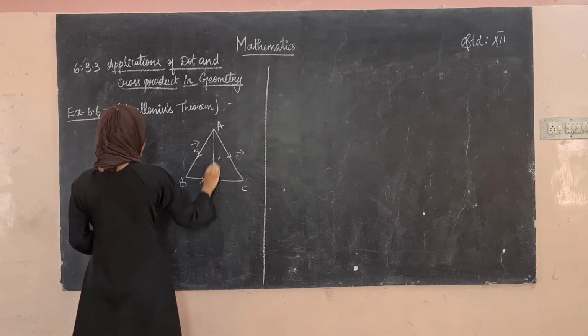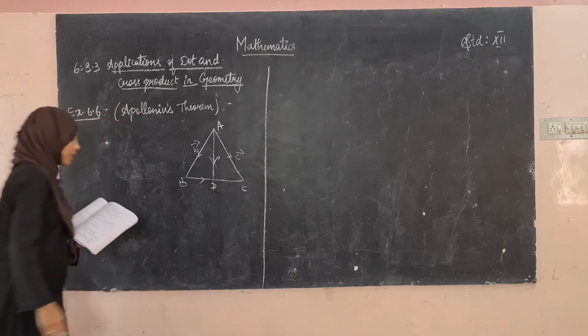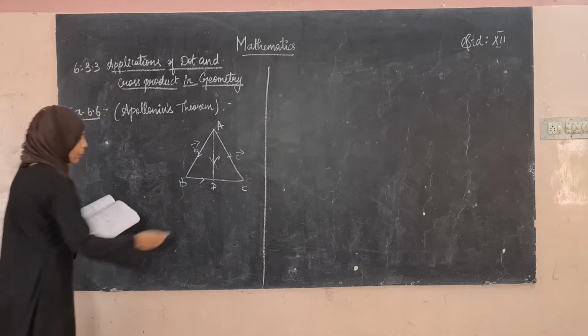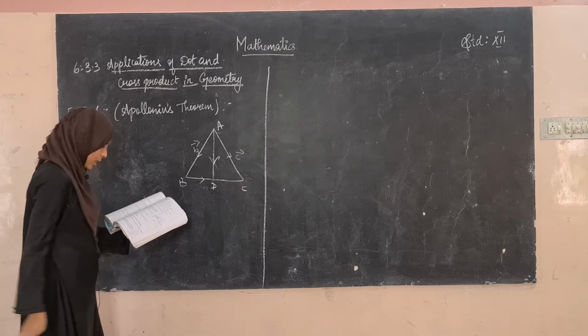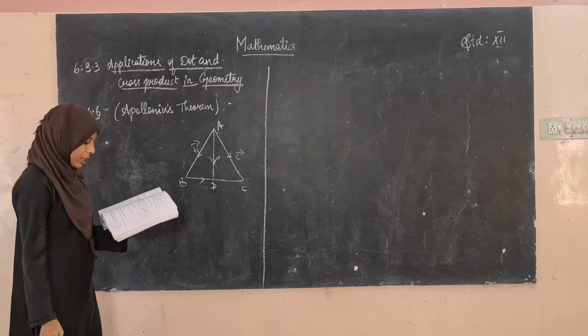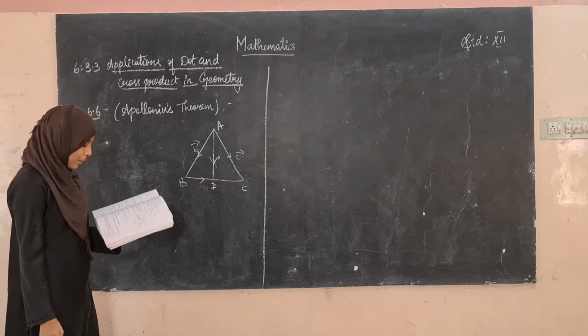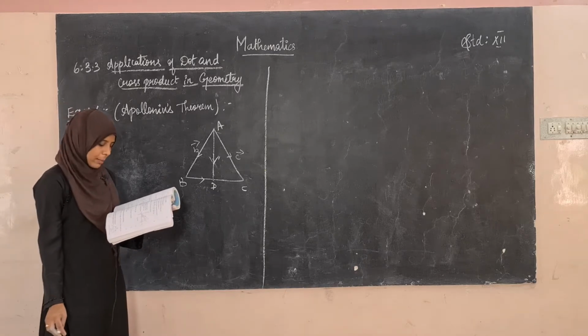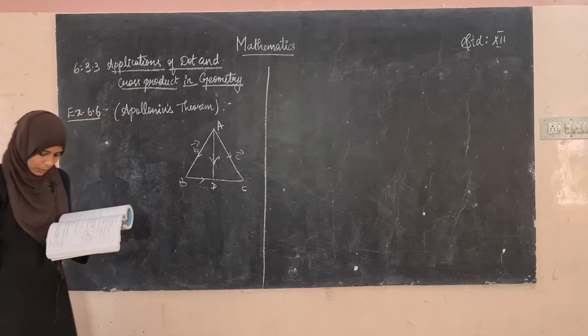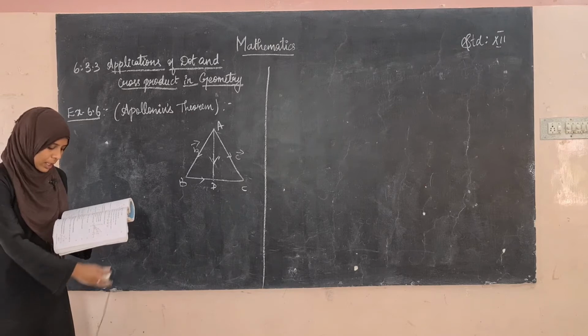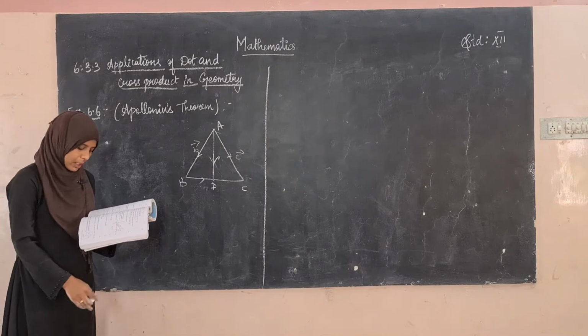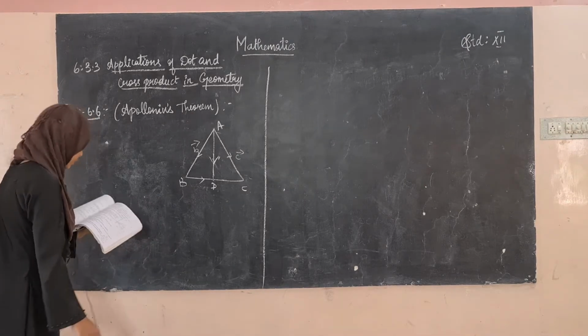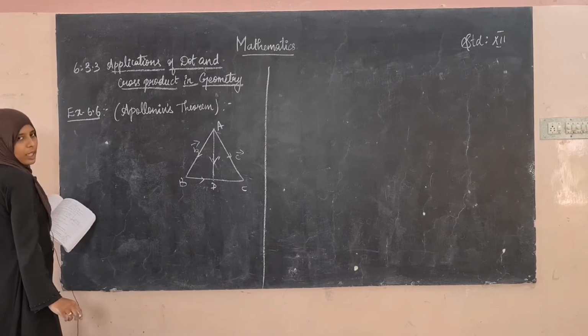Here the vector goes like this, direction is like this. Okay, so I have given D is the midpoint of the side BC of a triangle ABC, show by vector method that modulus of AB vector the whole square plus modulus of AC vector the whole square is equal to 2 into modulus of AD vector the whole square plus BD vector the whole square.